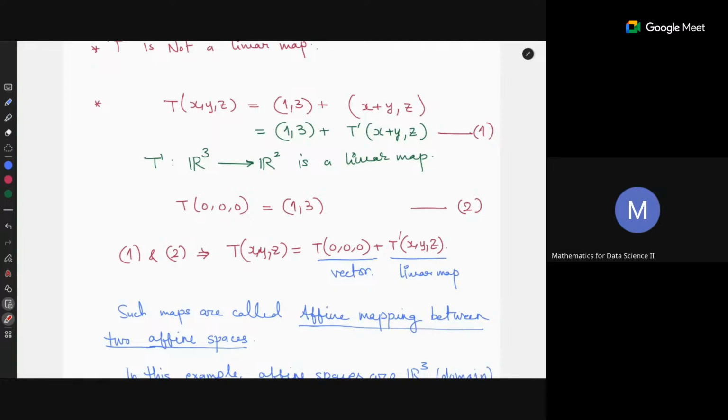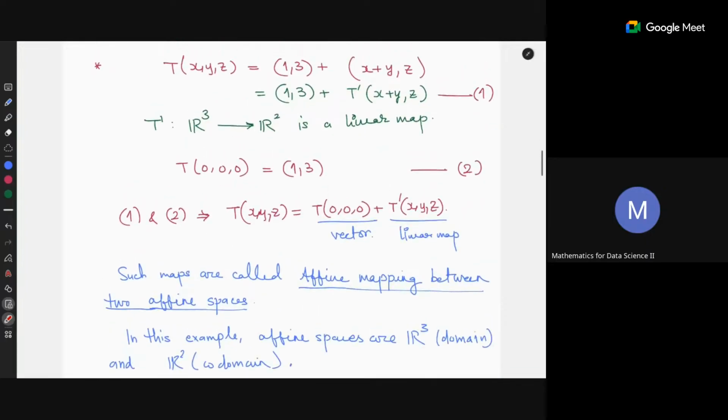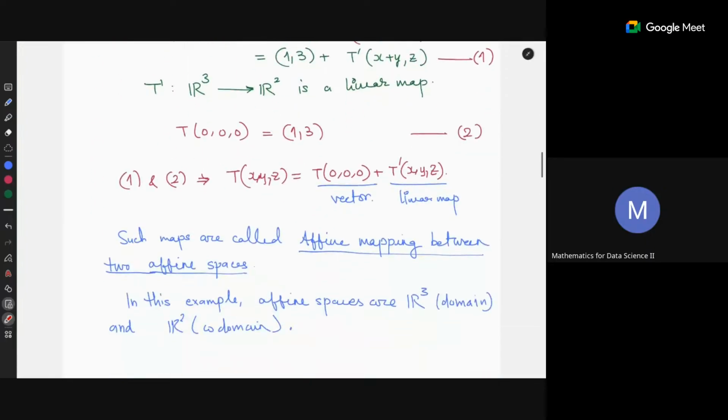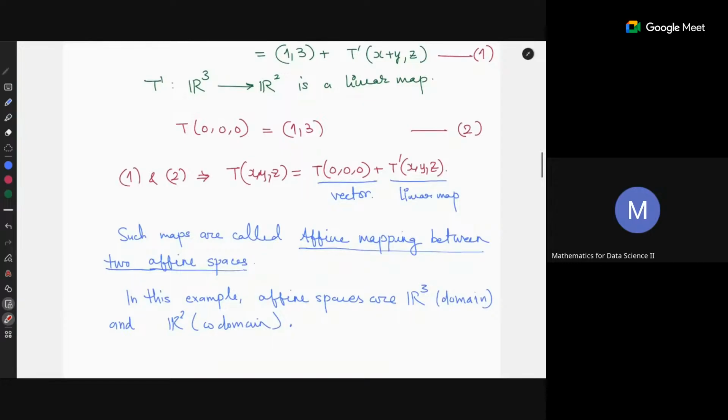So affine maps are defined between two affine subspaces. Now, what are the domain and codomain in this case? In our case, the domain is R3, which is an affine subspace of R3 itself, and the codomain is R2, which is again an affine subspace of itself. So it is an affine map between two affine subspaces.